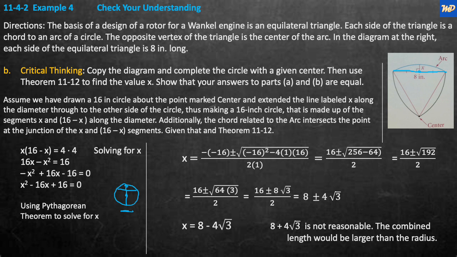So here we have x, the little piece, and then the point at the 8-inch mark, I'll call it P. The point P, it's 16 minus x on the other side extending out from P down to the other side of the circle. So that's the one segment, two pieces we have, the x and the 16 minus x piece.